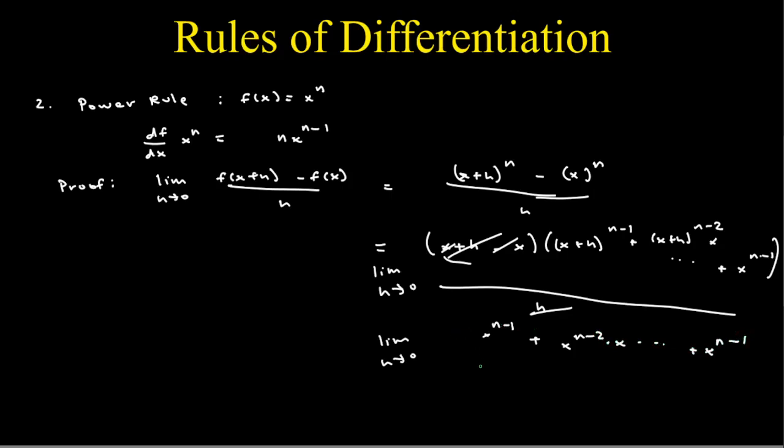And then that just becomes n times x to the power of n minus 1. So then we get our final answer.